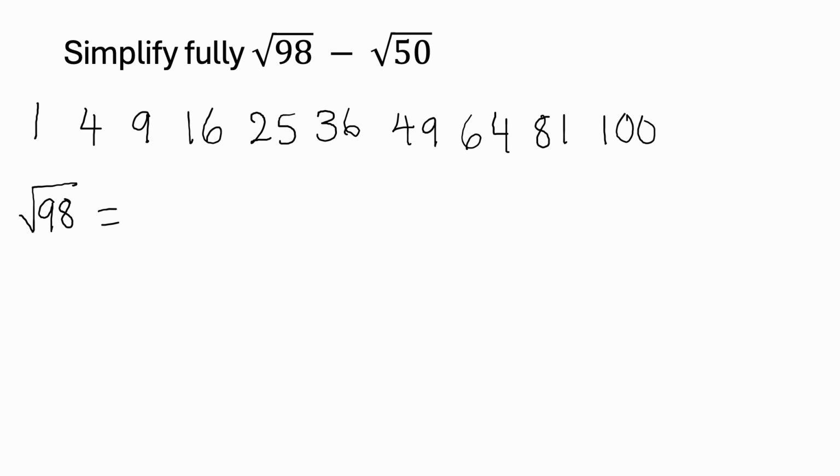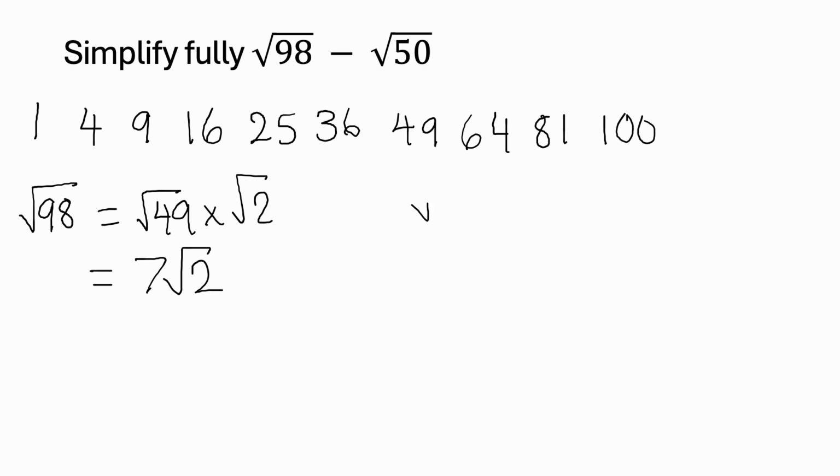Okay, off the bat, let's look at root 98. 49, yep. 98 is in the 49 times table. So square root of 98 is the same thing as square root of 49 times square root of 2. Square root of 49 is 7, so 7 root 2.